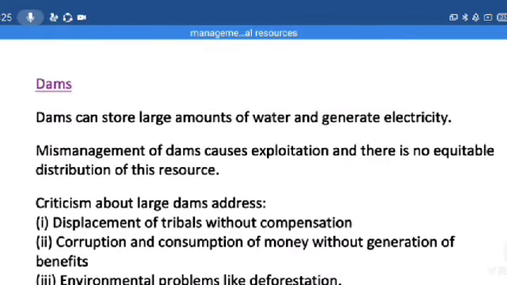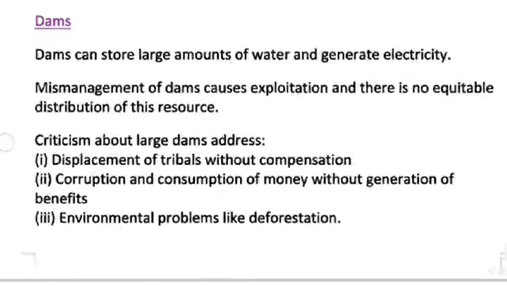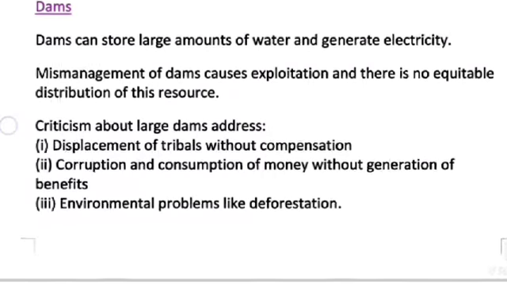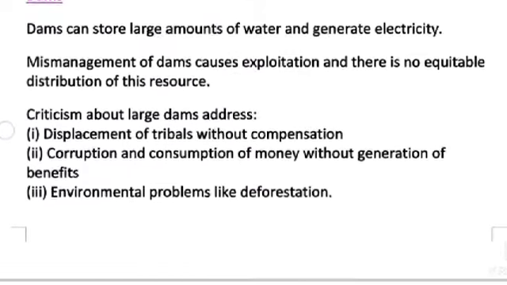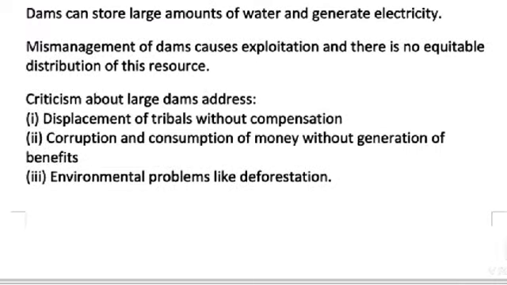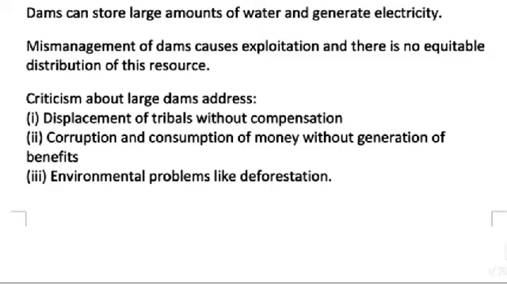Dams can store large amounts of water and generate electricity. Mismanagement of dams causes exploitation and there is no equitable distribution of this resource.